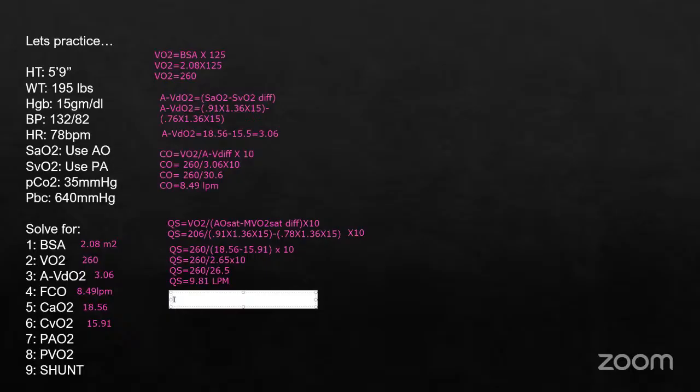All right, now let's work on QP. So my formula for QP is VO2. I'm telling you, I'm dyslexic today. Why did I use S instead of a 2? All right, VO2 divided by what now? Because I'm working on my pulmonary system. PA saturation and pulmonary artery and pulmonary vein. Well, I need the arterial first, arterial in the sense of oxygenated blood, right?